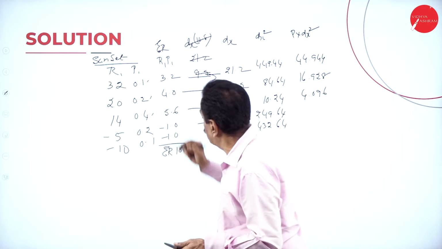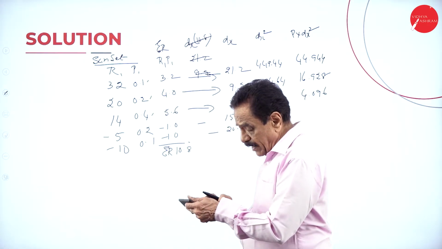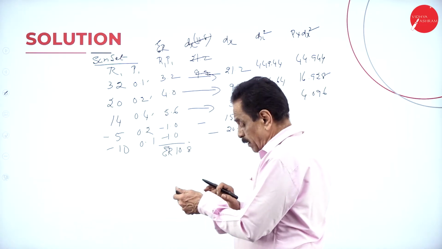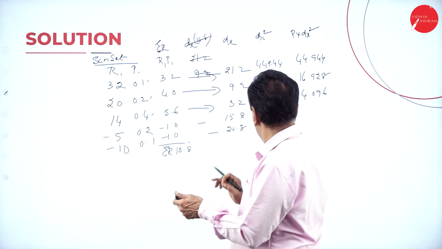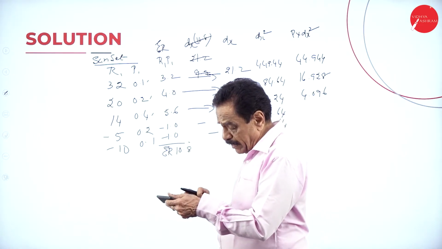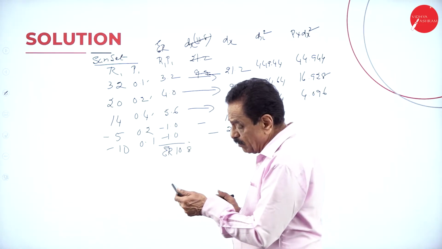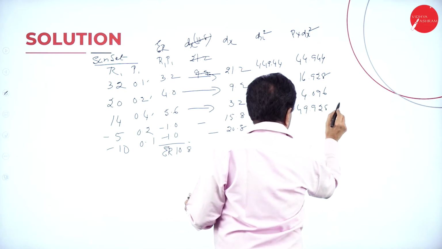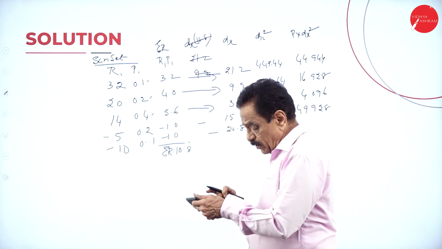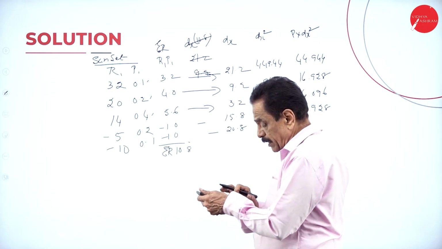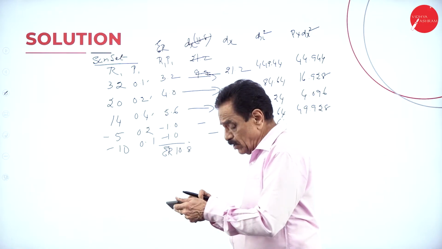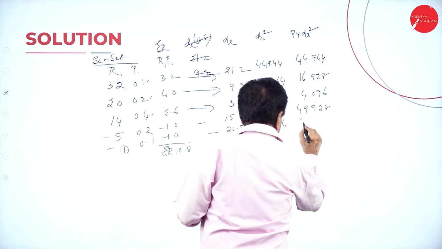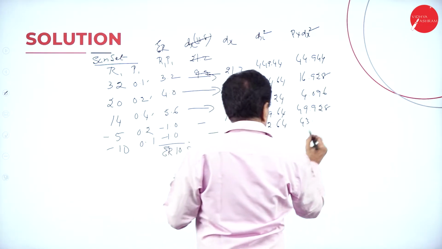This over, this over, this over. Then 249.64 into 0.2, 49.928. 432.64 into 0.1, 43.264.